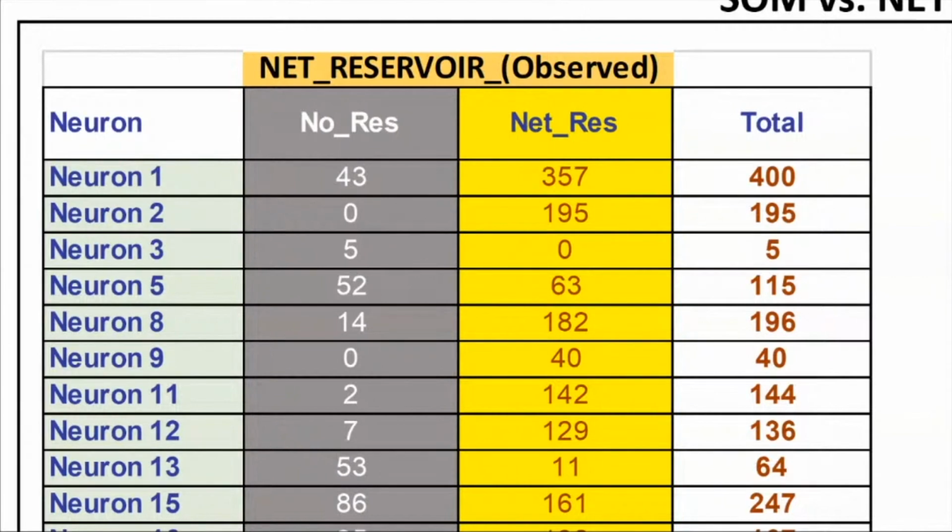Next, in this slide, I show you two contingency tables. At the left, we have the contingency table of the lithological contrast SOM. You can see in some slides the word MAO. MAO means self-organizing maps in Spanish.